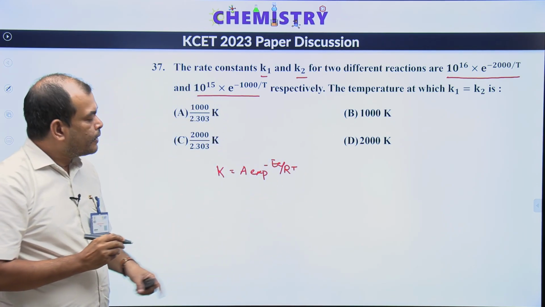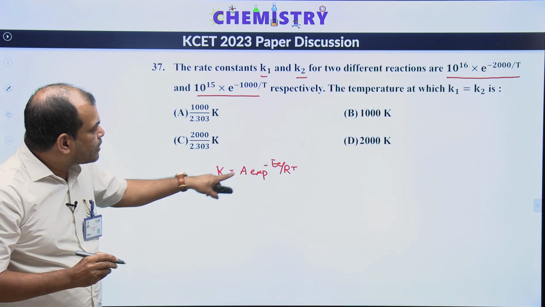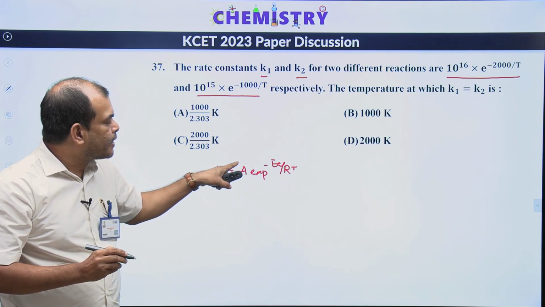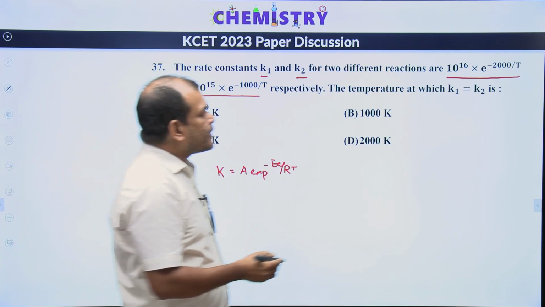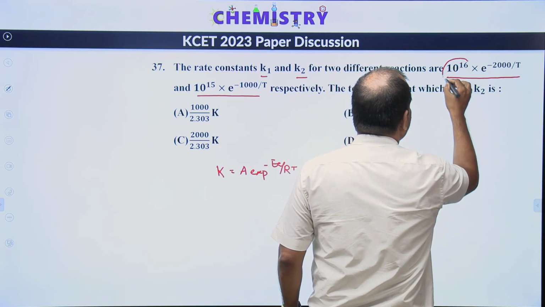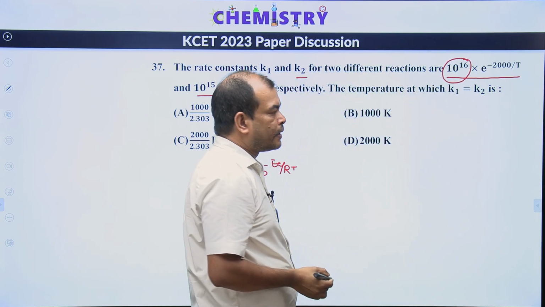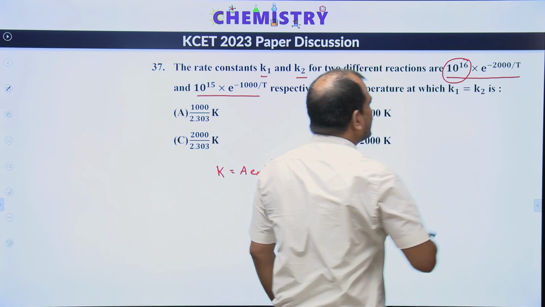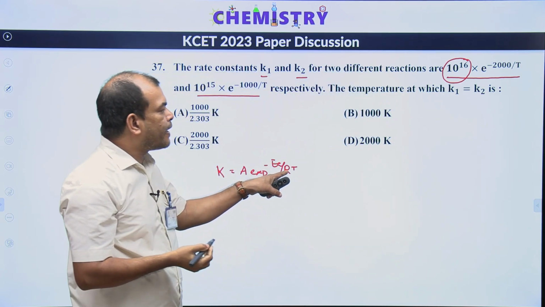That equation gives the relation between the rate constant, activation energy, temperature and Arrhenius parameter. Now, what is the data given? The first part is actually the Arrhenius parameter, and this part is the exponential power minus EA by RT.